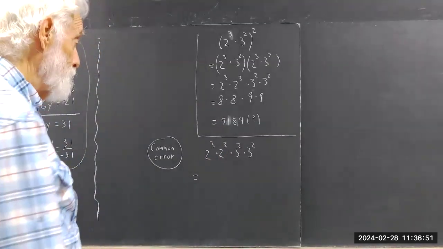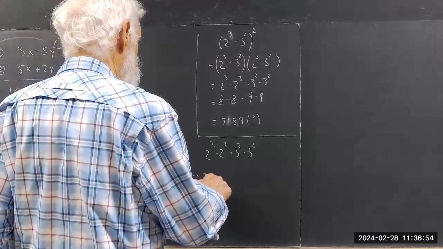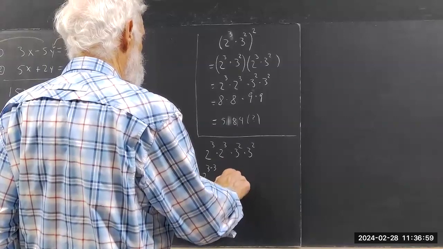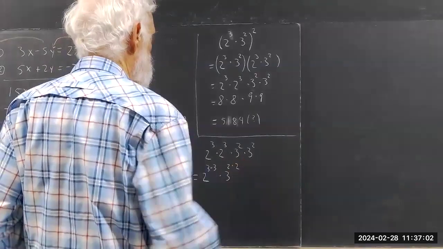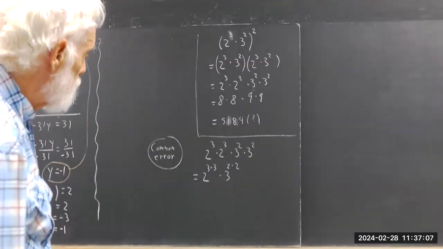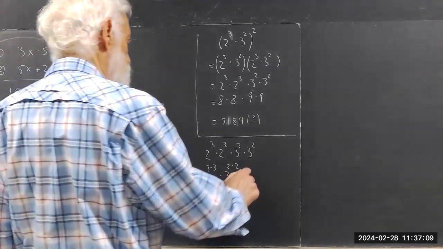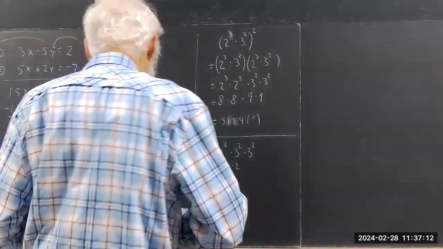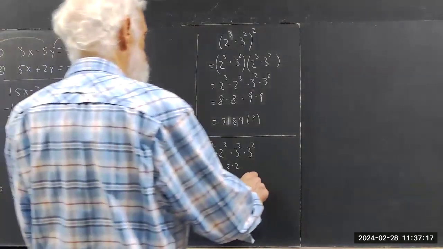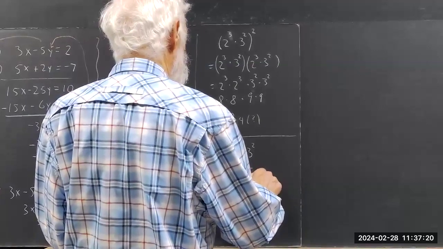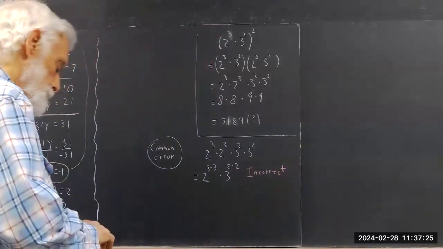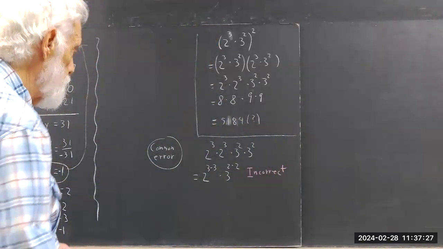So you'd say, well, okay, maybe that's 2 to the 3 times 3, multiplied by 3 to the 2 times 2. Well, this isn't correct.